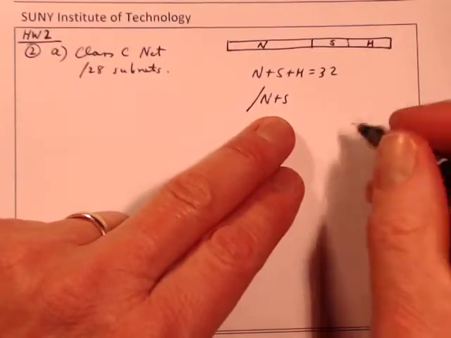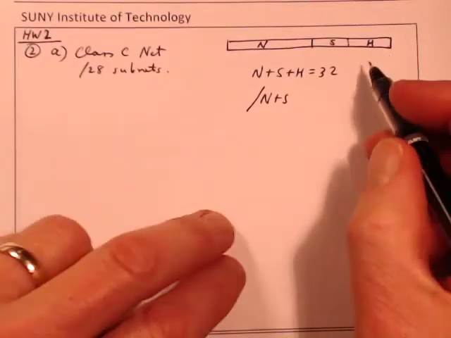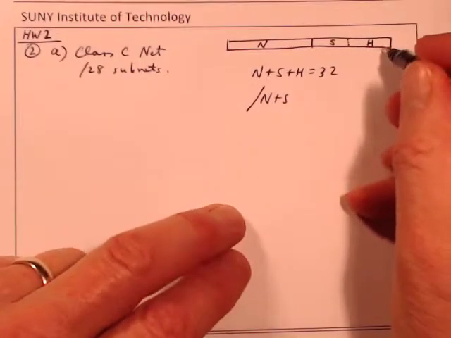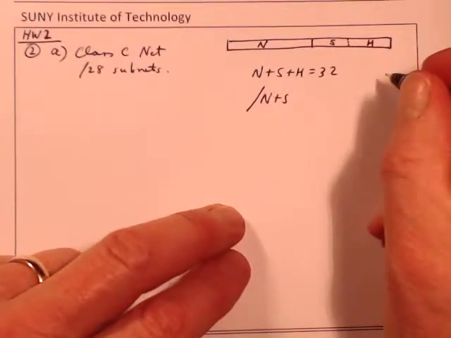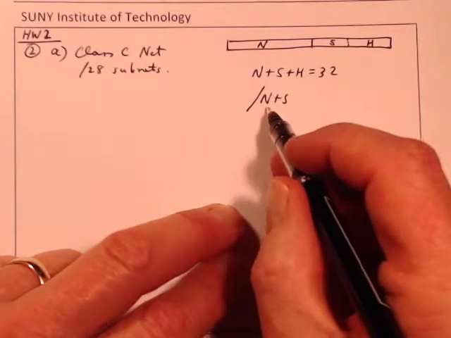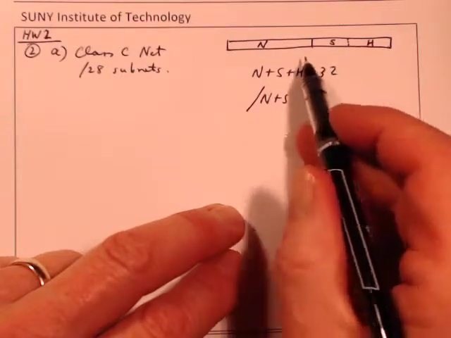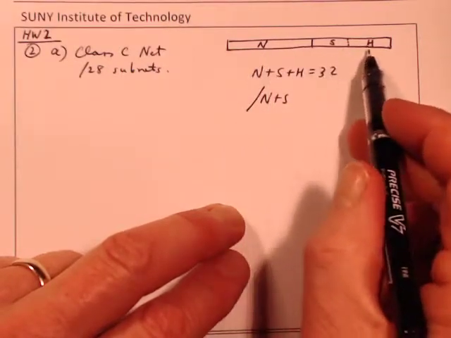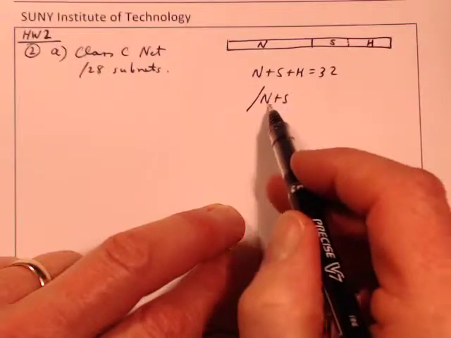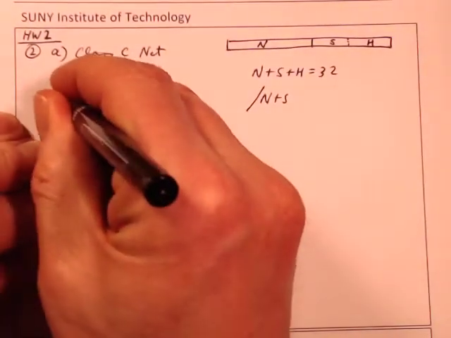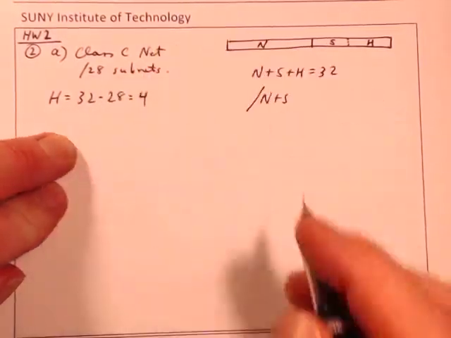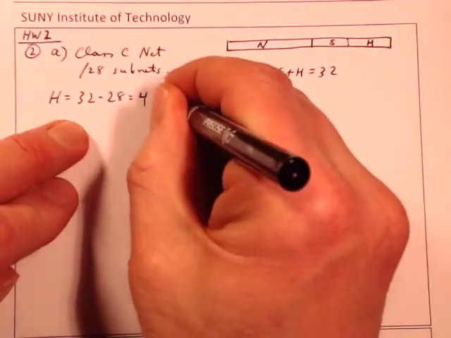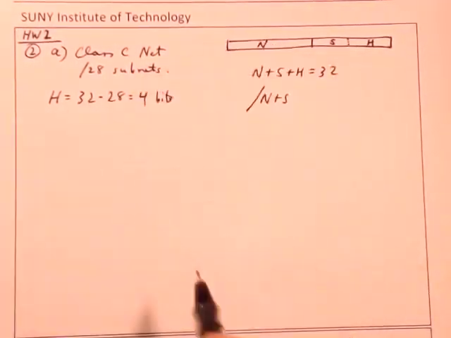In order to get the number of bits used to identify hosts, we take 32 minus the slash number, because 32 is h plus n plus s. So h is 32 minus 28, which is 4. So we have 4 bits for host addresses.